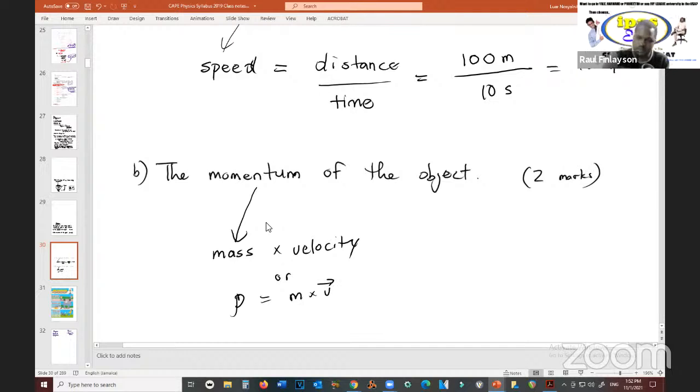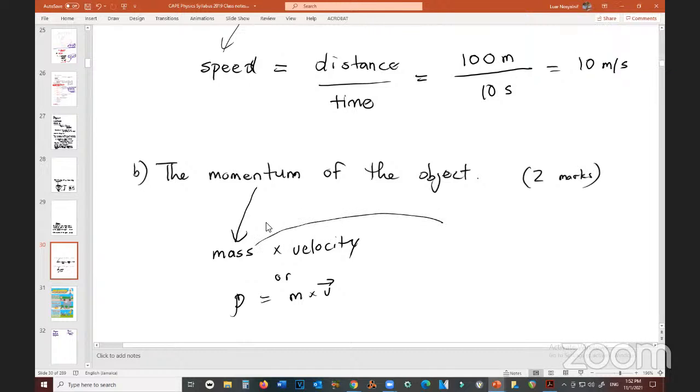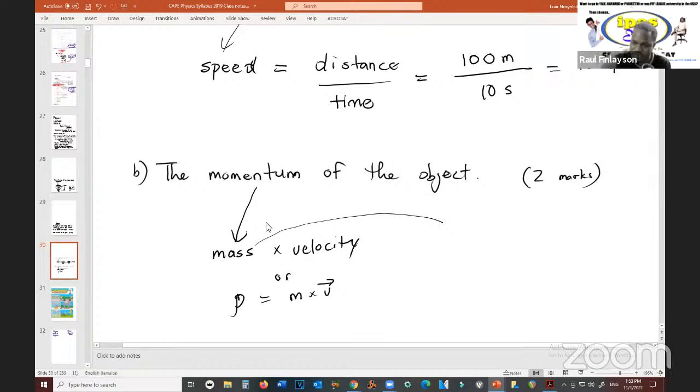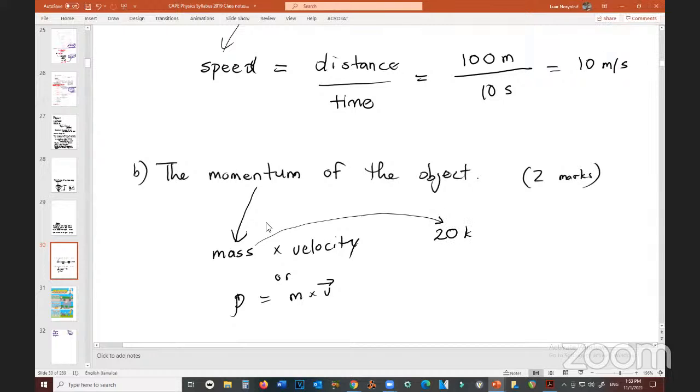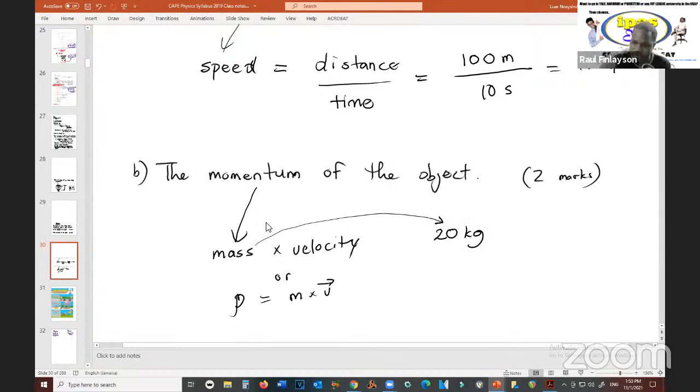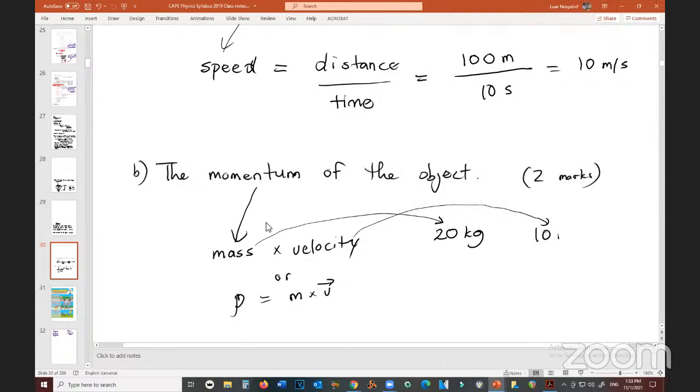All right. Now, all they're going to do is get the mass. The mass in this case is how much? 20. And then the velocity here is going to be 10.